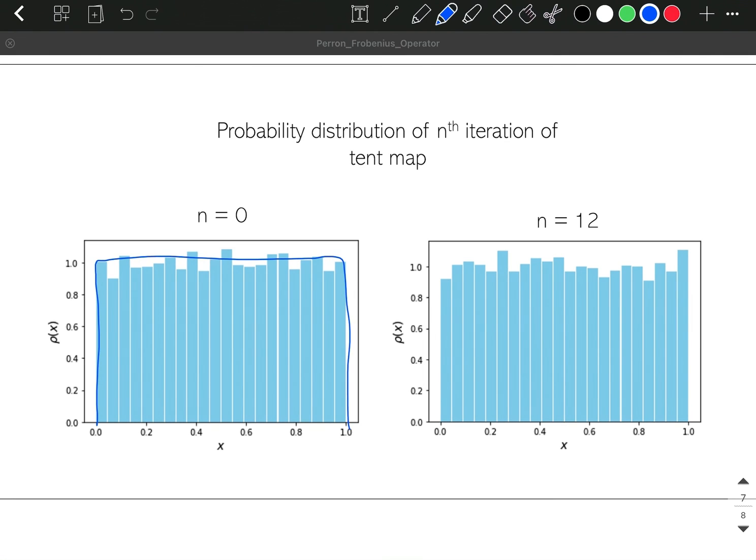And then we iterated each of those initial values and plotted that probability distribution as well. We iterated 12 times, from n equals 0 to n equals 12, and plotted that. And again, we can see that we do indeed have the uniform probability distribution. And therefore, this shows that it is indeed an invariant density of the tent map.